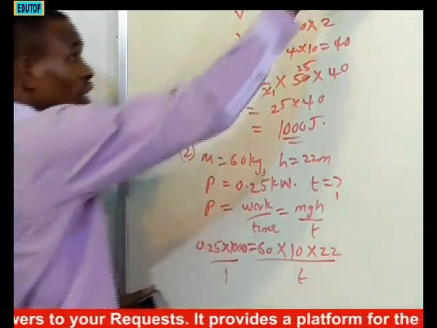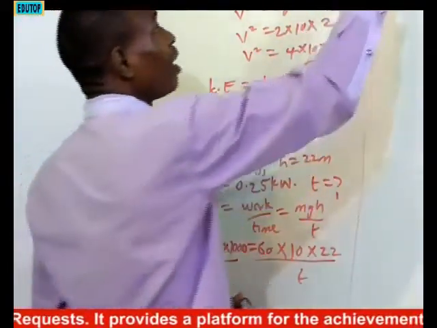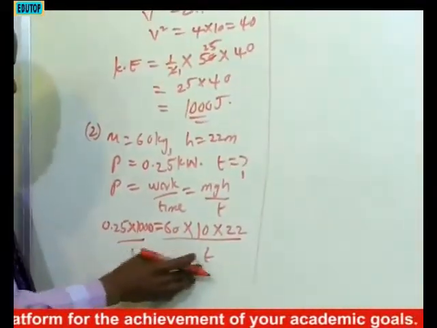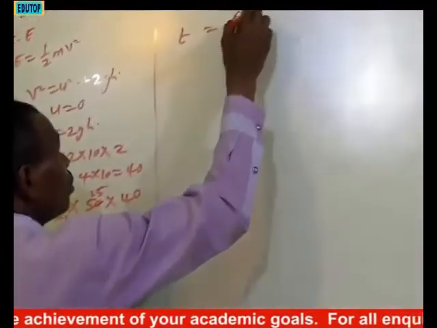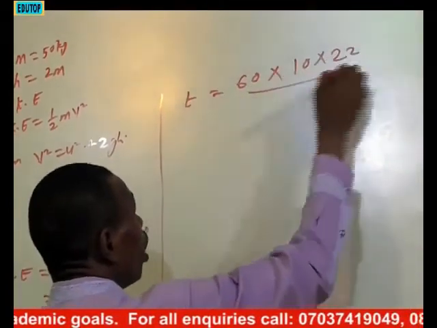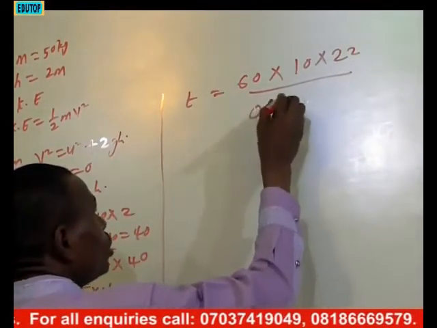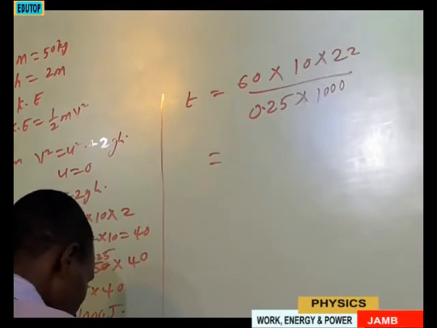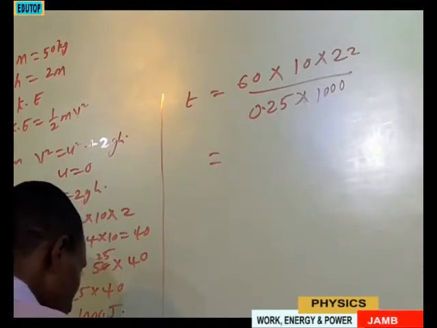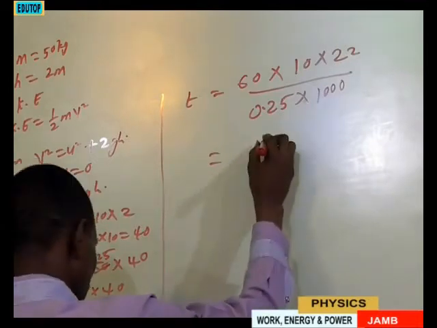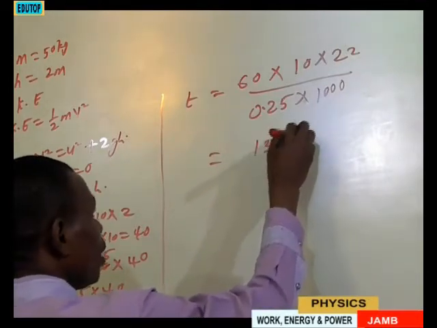Everything over 1. In this case now, we are going to have our time equal to 60 times 10 times 22, all divided by 0.25 times 1000. Without wasting time, we can quickly use our mathematical instruments to figure out the value. 60 times 10 times 22 will give us 13,200.